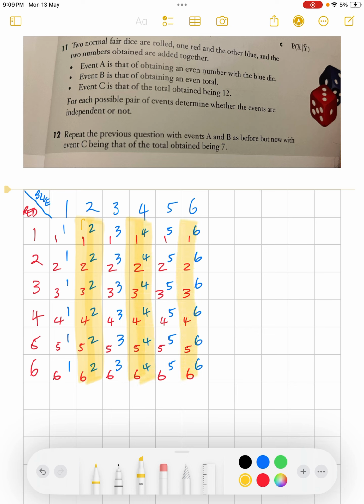The red dice could be anything and the blue dice could be 6, or 4, or 2. So that's if I've interpreted this correctly. For the probability of A, there are 18 out of 36 possibilities when you roll 2 dice that the blue dice is an even number. So that's a half.